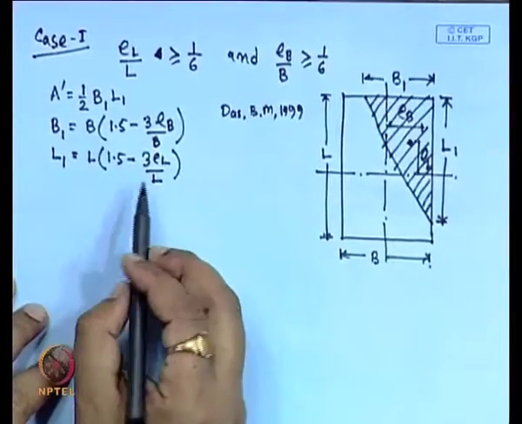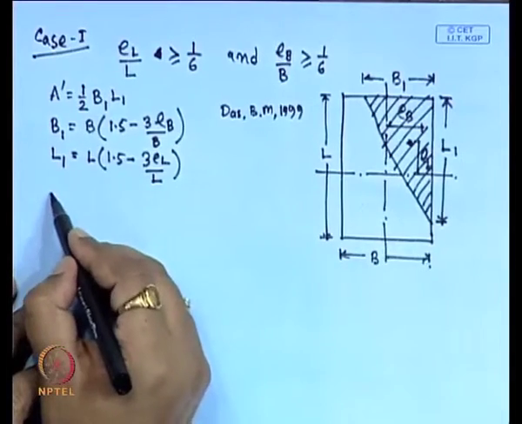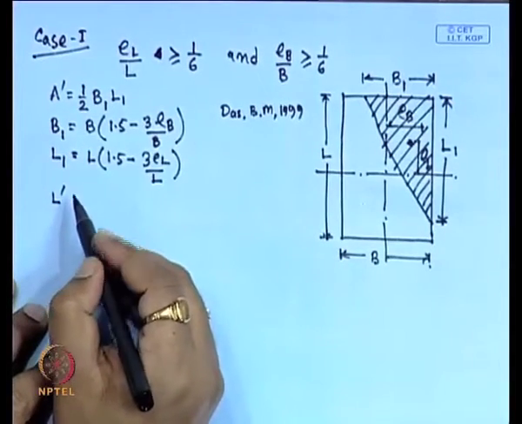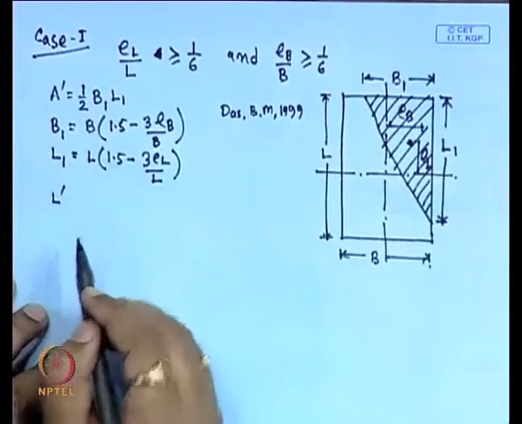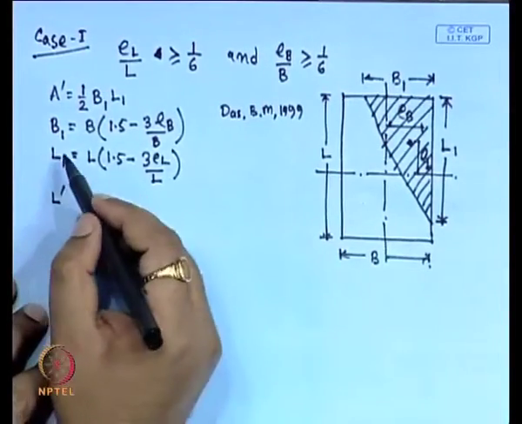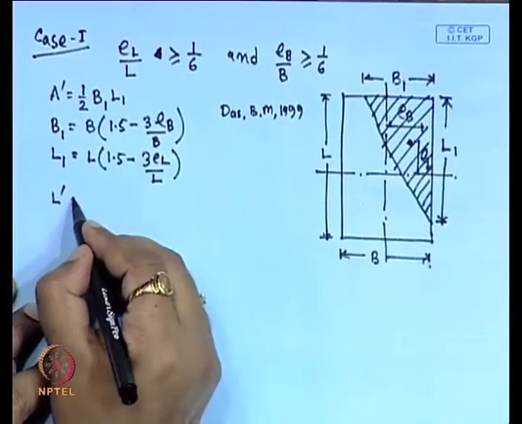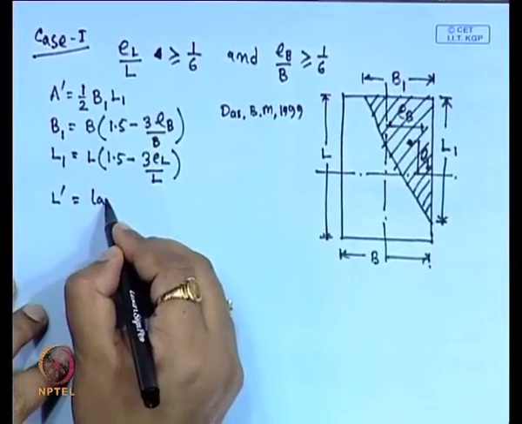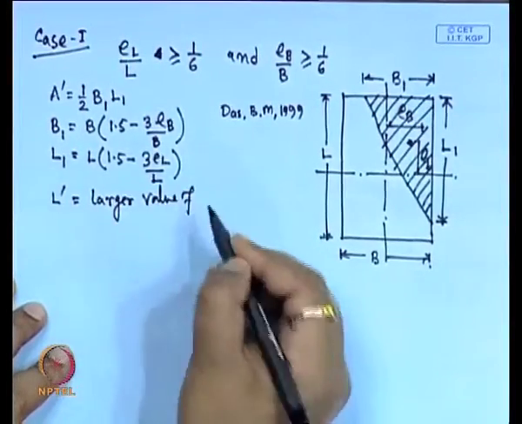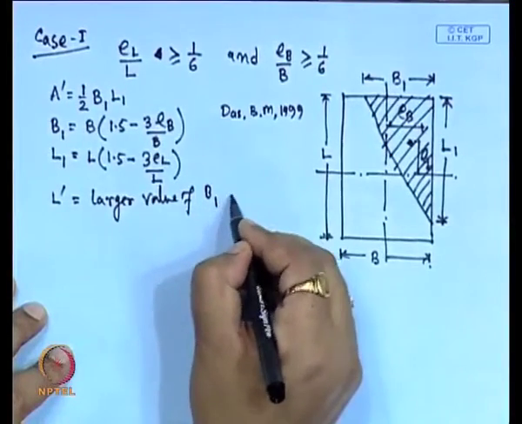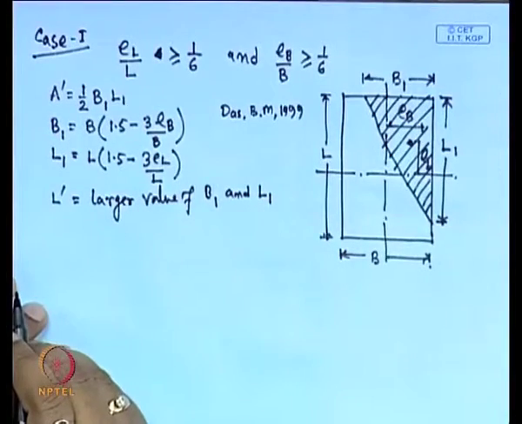Now, the effective length L dash will be the larger value of these two. Which one is larger? That is the effective length. So, effective length L dash is equal to the larger value of B1 and L1.